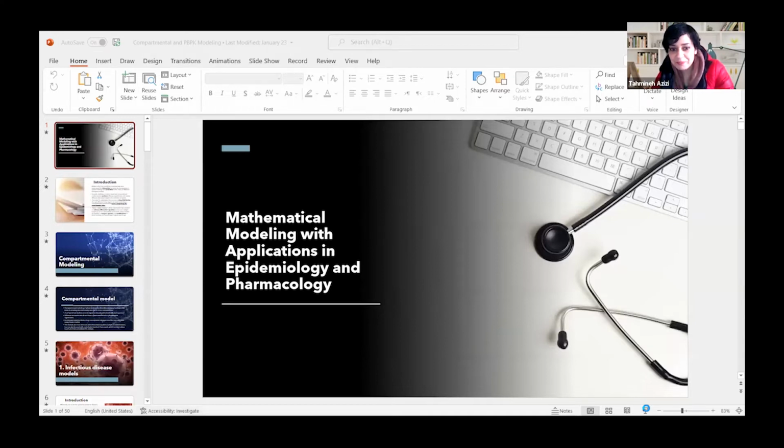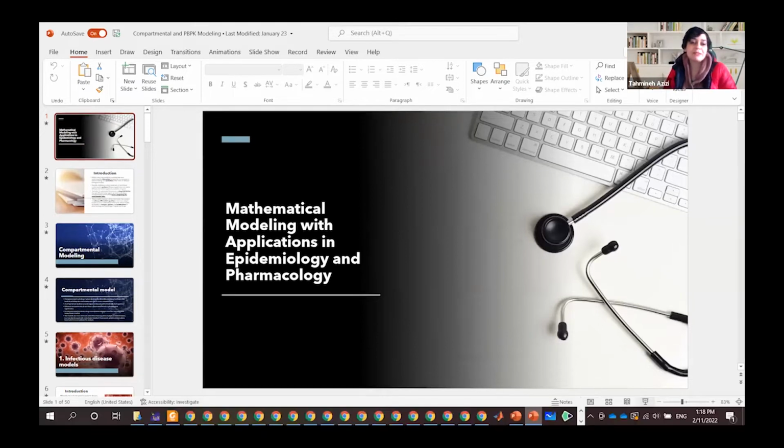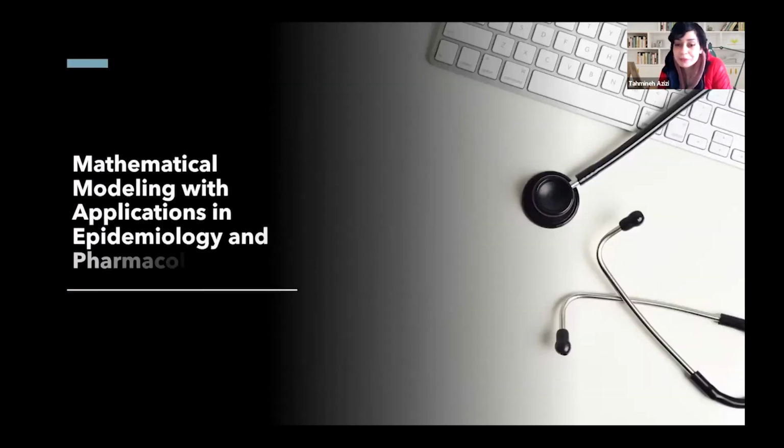So sorry. So the topic is about how we can use mathematical modeling in epidemiology and pharmacology. For me, it was a very new topic during my PhD, and I was working with a group of interdisciplinary people in pharmacology, scientists and chemists. I was the only mathematician there.